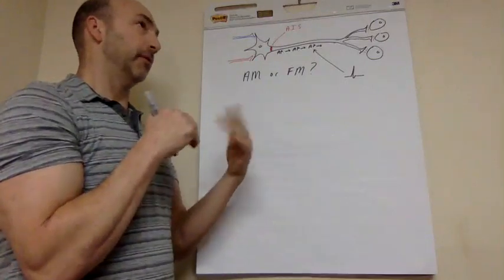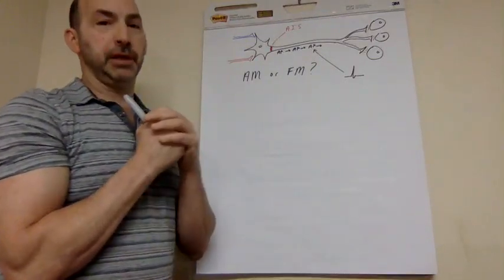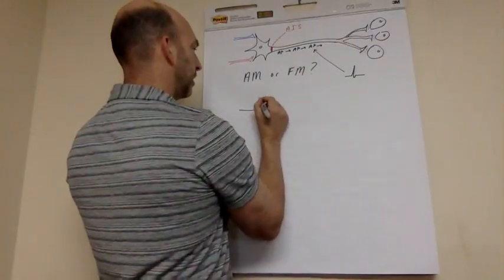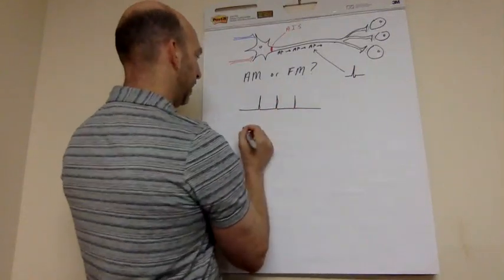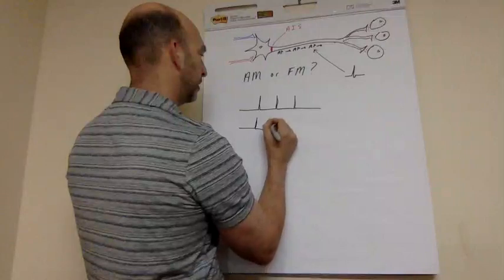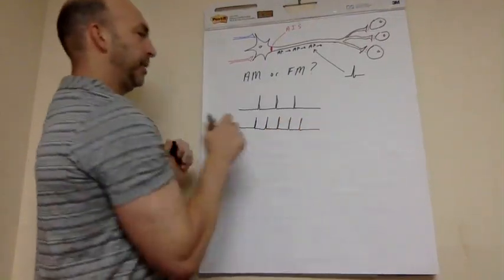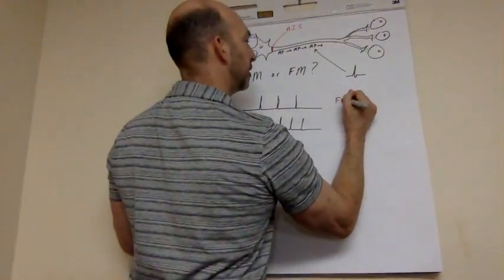The easiest way to explain is that information can be frequency encoded. What that means is that this action potential frequency would mean something completely different than that action potential frequency. That's frequency modulation.